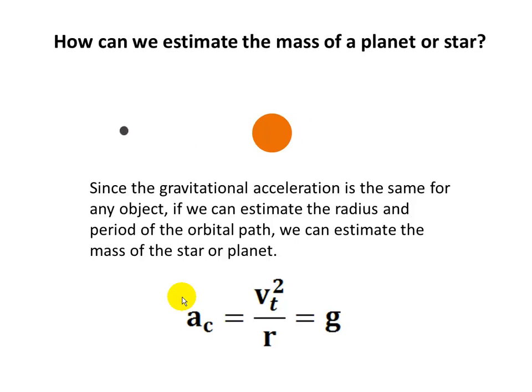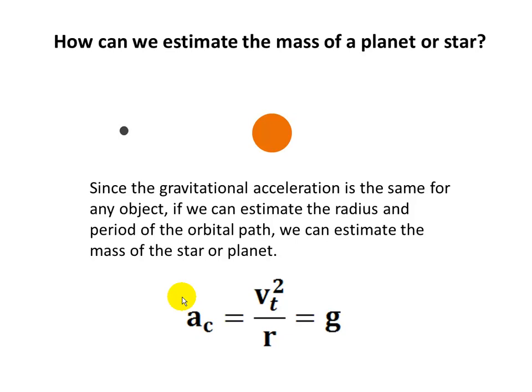Let's say that gray object is a planet rotating in its orbit around a star. Remember, Kepler's laws say the orbits are elliptical, and that as the planet moves along its orbital path, it sweeps out sectors of equal area in the same amount of time, which means it's going faster when it's closer to the star and slower when it's further away.